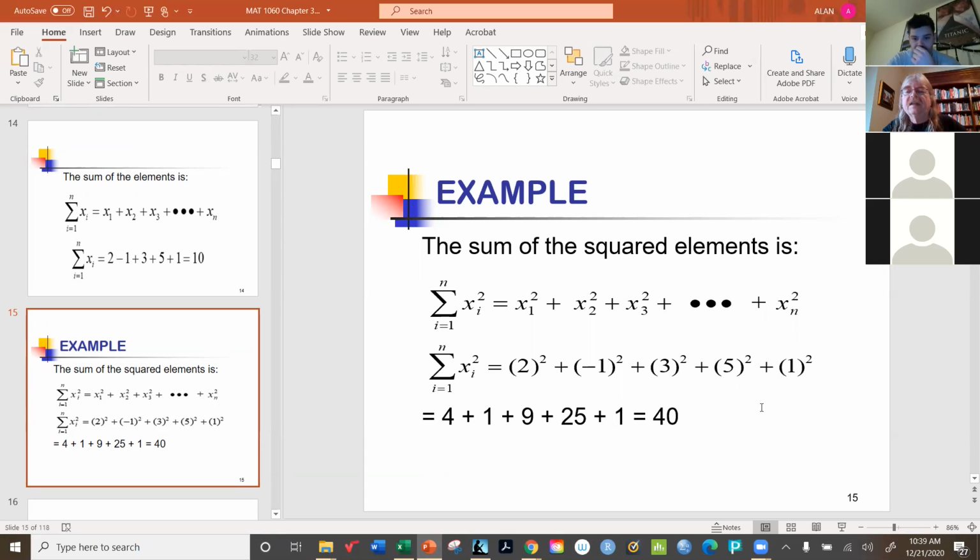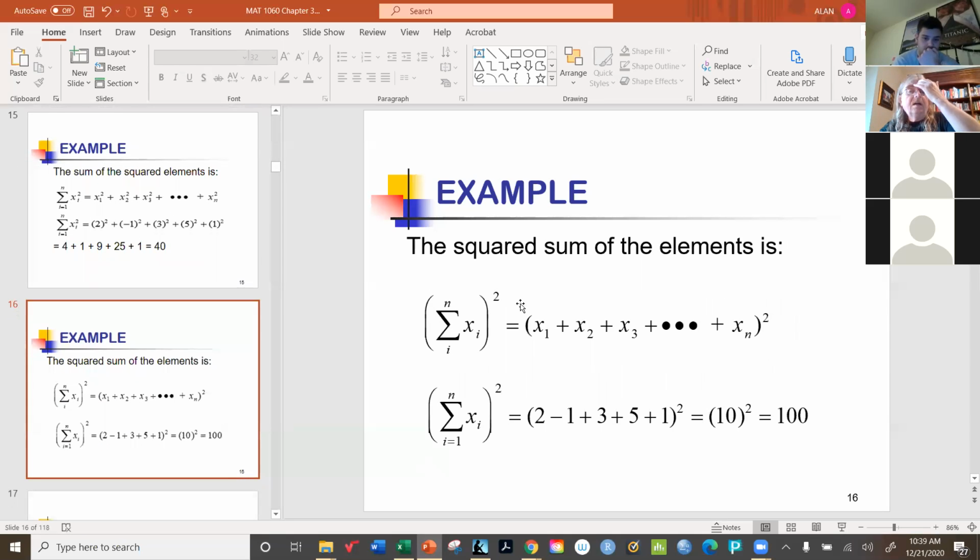But what about this case? It looks similar, but it's different in a very important way. The square is on the outside of the entire expression now. How does that change our results? What this is saying is add everything up inside the parentheses first, and only then do you square your result. So that's very different, isn't it? Instead of squaring them and then adding them, you're adding them and then you're squaring them.